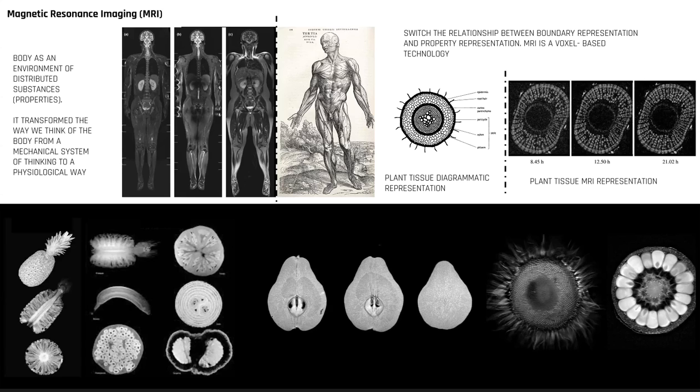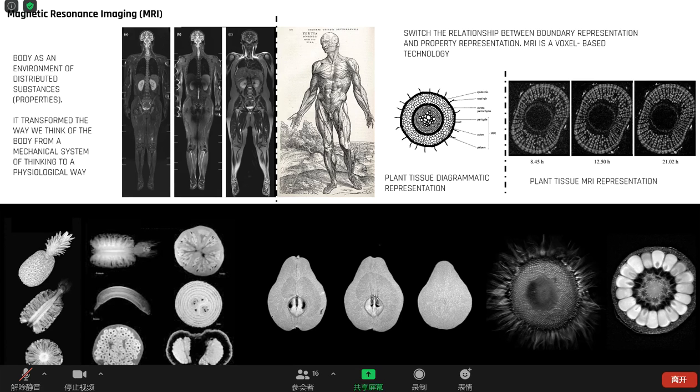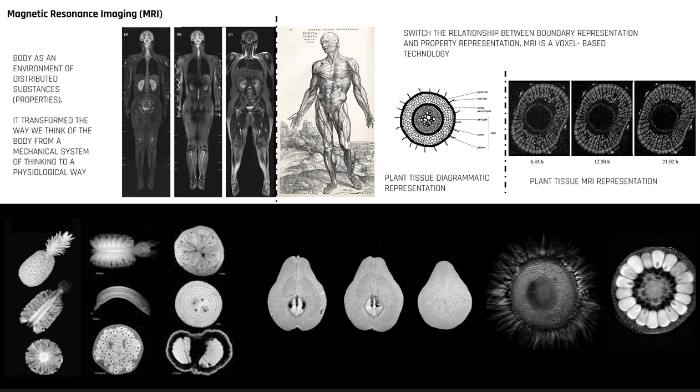A multi-material could also mean a change of paradigm in the way that we perceive space and environment. We could draw this analogy from MRI scanning, which is commonly used to depict the different substances. Basically, it shows the distribution of substances in the body.